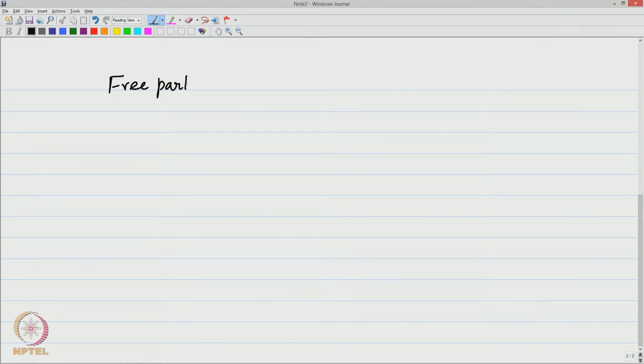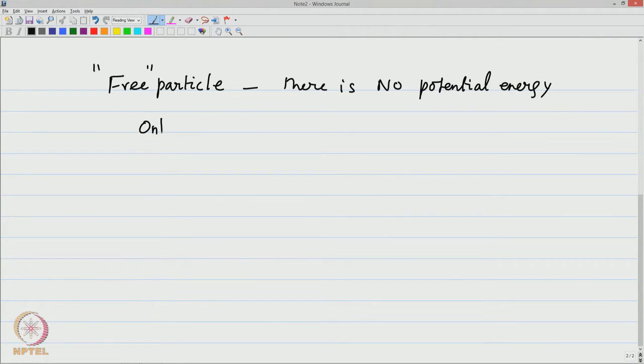When you say free particle, define it, which means that there is no potential energy acting on the particle. Therefore, it has only kinetic energy.